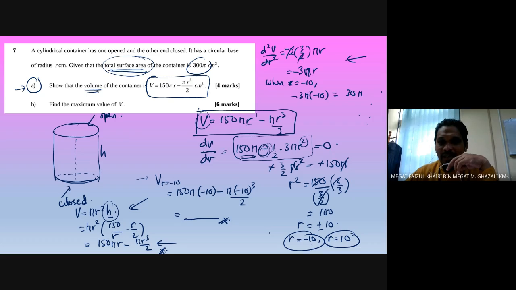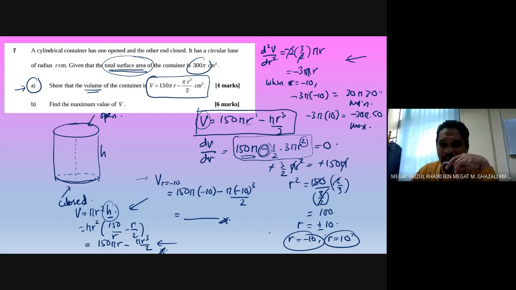You should have negative here. So negative 3 pi r. So r is negative 10. Negative 3 times negative 10 equal to 30 pi is a minimum because it's greater than 0. And negative 3 pi times 10 equal to negative 30 pi is less than 0, a maximum.